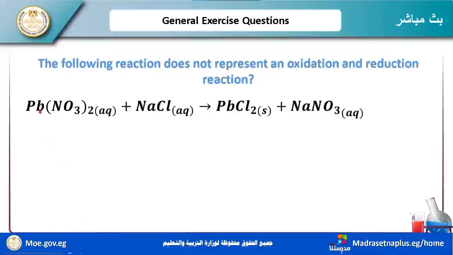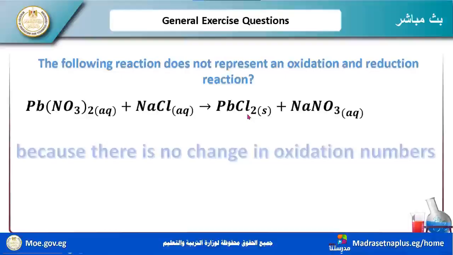When you study the oxidation number of each atom in this equation, you find phosphorus is positive 2, nitrogen is positive 5, oxygen is negative 2, sodium is positive 1, and chlorine is negative 1. So we conclude there is no change in this equation.